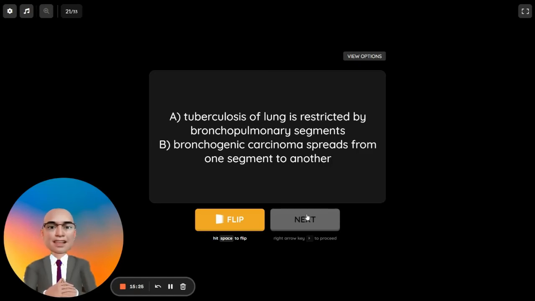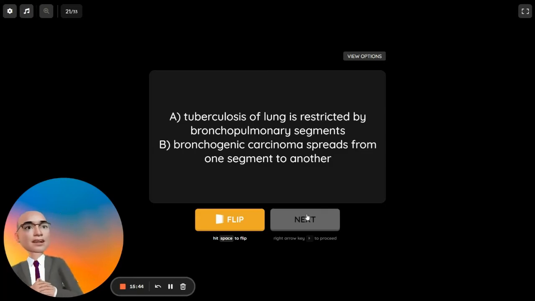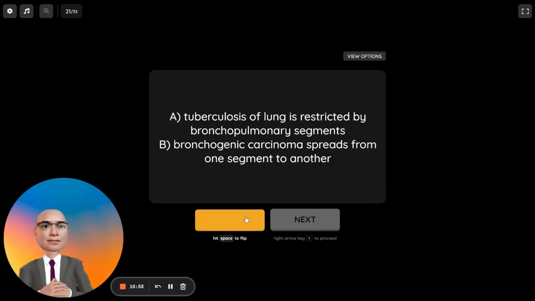So here statement A is a false statement because tuberculosis also does not follow the segmental nature of the lung. It can affect any of the segments. So tuberculosis and bronchogenic carcinoma both are able to spread from one segment to another. So in this question statement A is a false statement whereas statement B is a true statement.